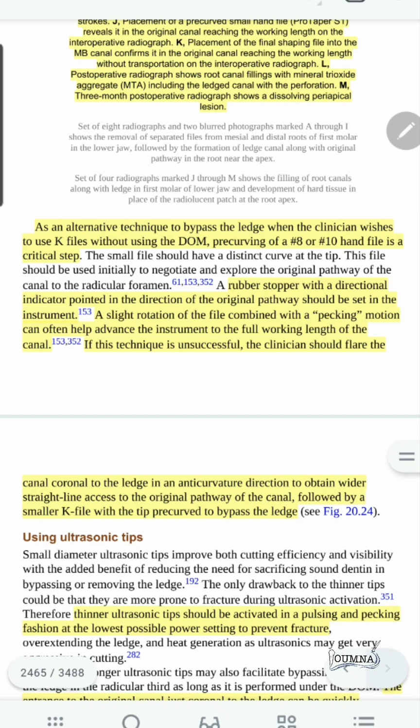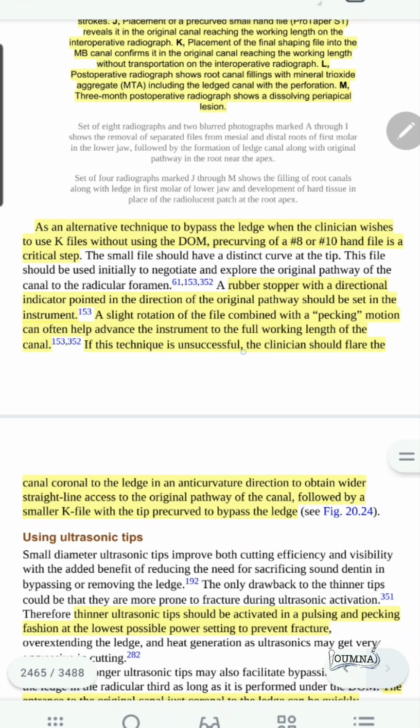Another method is using the K files. If we do not have the microscope, we pre-curve an 8 or 10 hand file using the rubber stopper with its directional indicator pointed in the direction of the original pathway, so that when we are inserting the file, we are getting it in the right position.